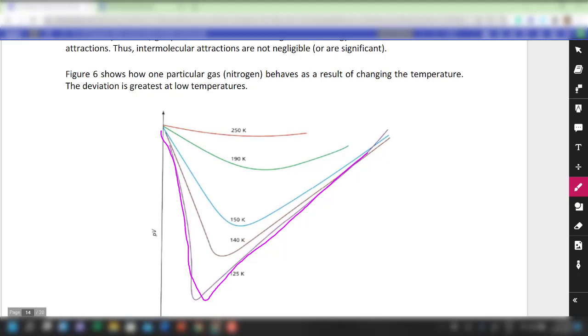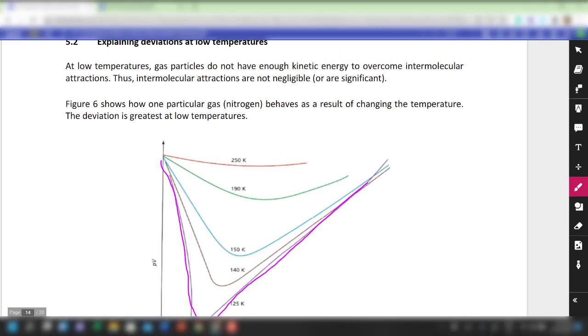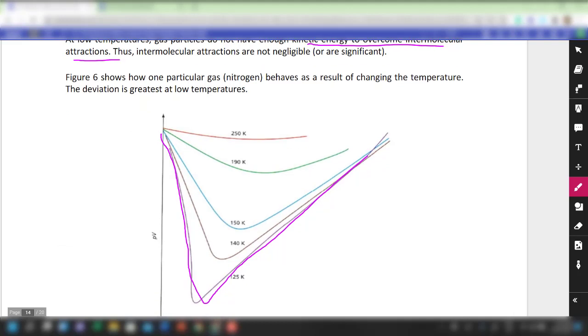Because they move slowly, the probability of them being close to one another is greater. As written here as well, they do not have enough energy to overcome the intermolecular forces of attraction, so the intermolecular force of attraction increases in strength drastically. And you realize that the behavior is not exactly linear, so it's very difficult for you to predict.